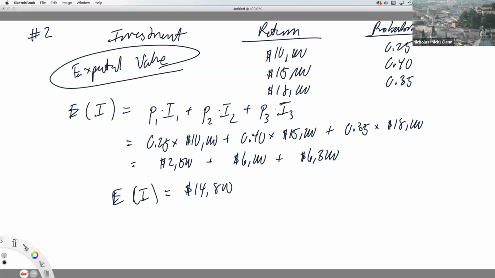Now, first, let's talk about the guidelines for trying to decide what sort of investments you're going to do, how you're going to move forward when you're making choices between your budgeting and everything. So let's just mention these guidelines here really quick.